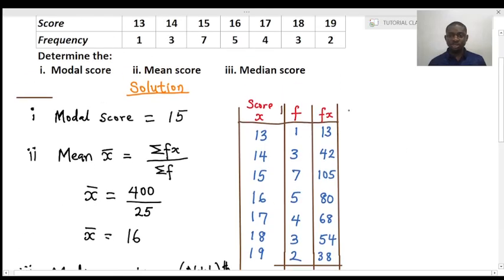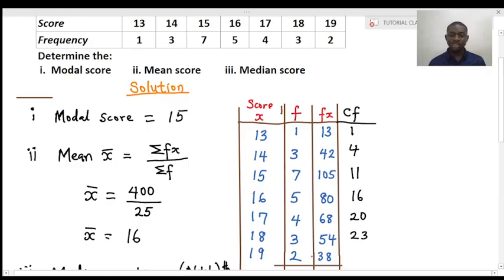You can quickly put in a column for cumulative frequency. Cumulative frequency is obtained by taking the first frequency, 1, and adding it to the following frequency, which is 3. 1 plus 3 is 4. 4 plus 7 gives you 11. 11 plus 5 gives you 16. 16 plus 4 gives you 20. 20 plus 3 gives you 23.